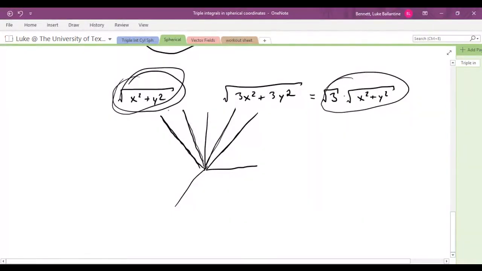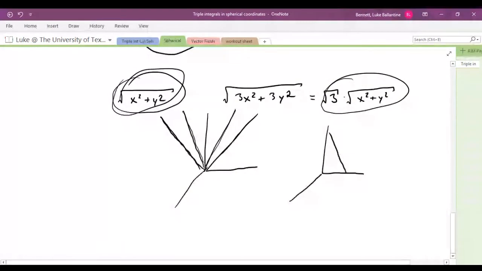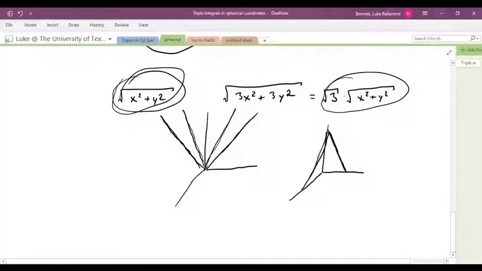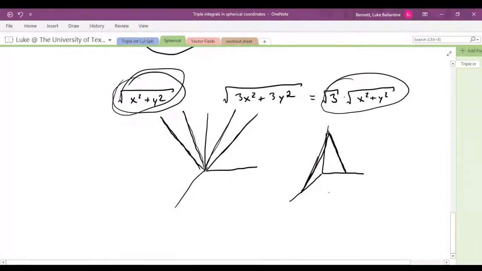I just wanted to say that because from last week's homework we had triple integrals in rectangular, where it was a pretty crazy region. What I think was happening was we had a plane like this, independent of x, and then we had another plane like this, independent of y, and then it flipped, I think at this line.